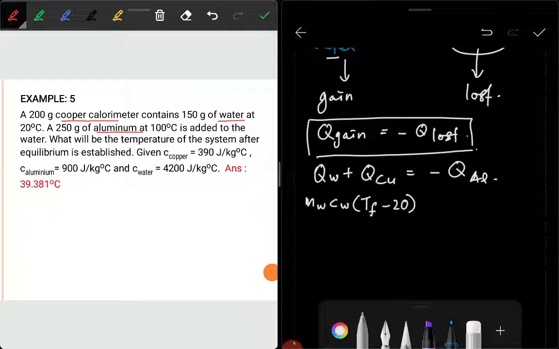And then plus m copper, c copper, and delta T here is the same as water, because they are in contact, is equal to minus Q aluminium, m aluminium, c aluminium, and delta T here will be final temperature minus 100.